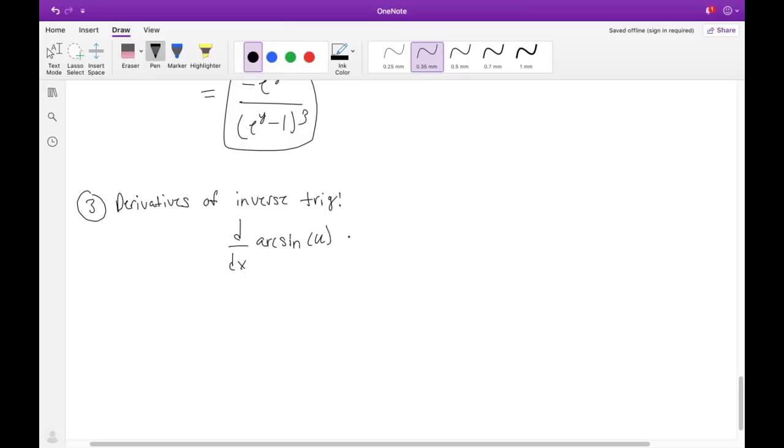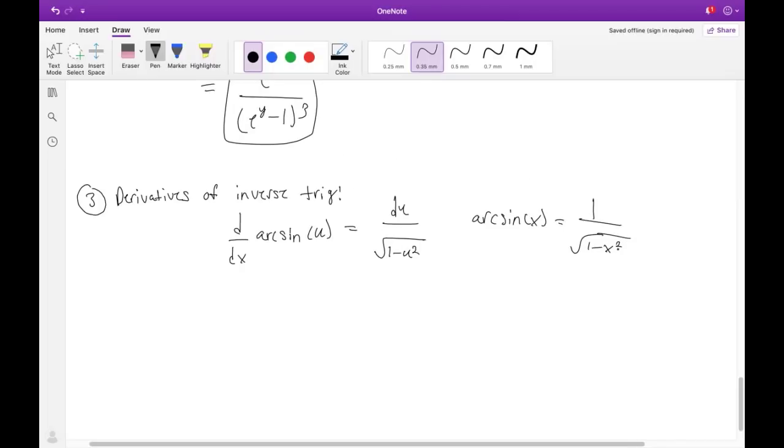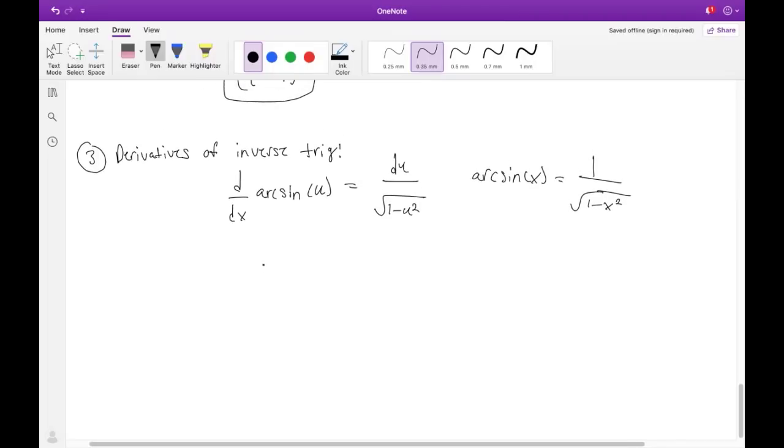So the derivative of this is going to be the derivative of u over square root of 1 minus u squared. If it was just arc sine of x though, it would just be 1 over square root of 1 minus x squared. But it'll hardly just be arc sine of x.